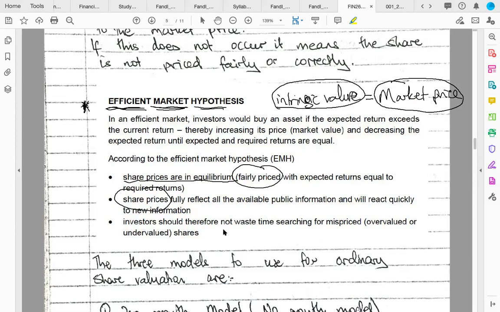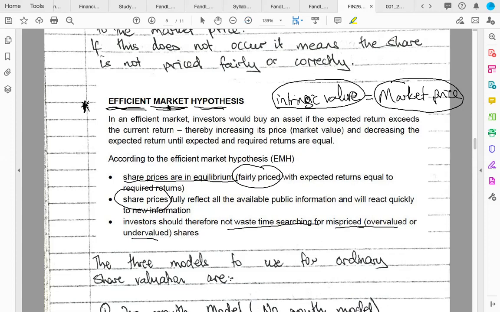It means we shouldn't waste our time trying to determine if a share is too expensive or too cheap, meaning that the intrinsic value is not equal to the market price. Okay, but that's not the case. When we say that a share is mispriced, meaning it's overvalued or undervalued, it means that the intrinsic value is not equal to the market price.